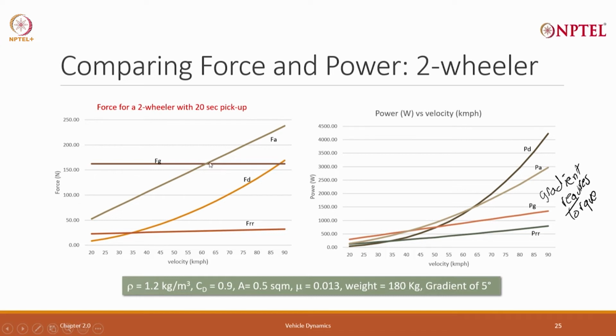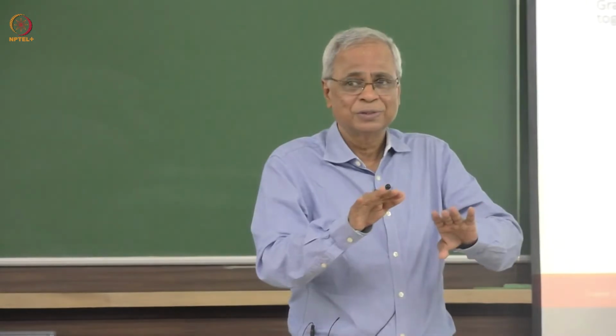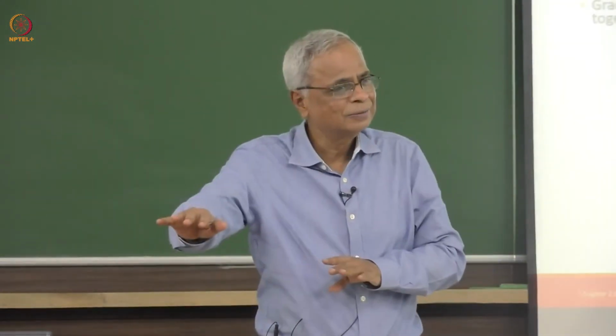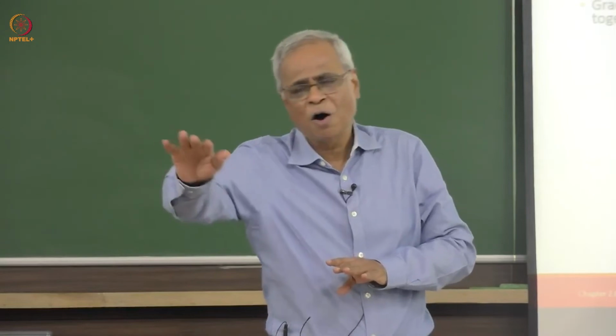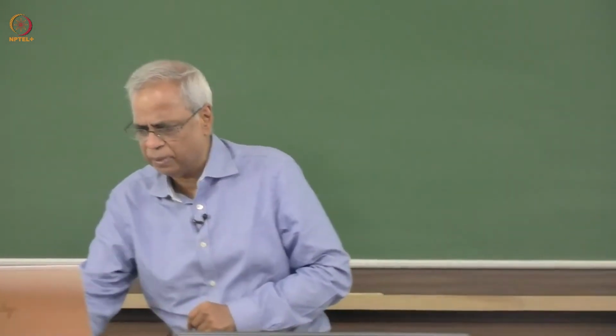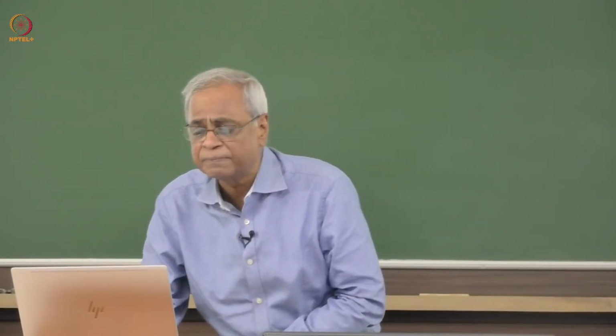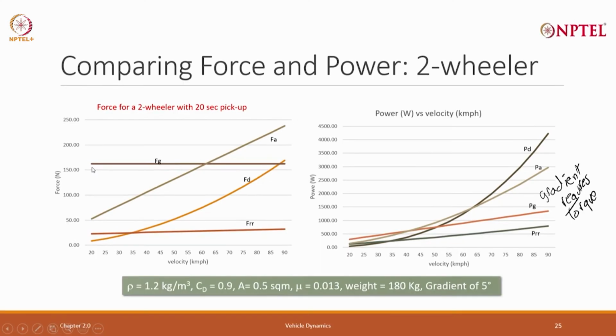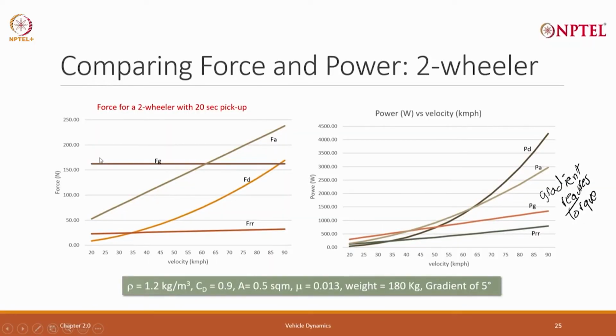Fortunately, gradient and acceleration do not occur together. So, it is either force due to the gradient or force due to acceleration. So, if you design something which can handle, let us say, slightly under 200 newtons, 170 newtons or so, you can get good gradient travel or you can get a decent acceleration.